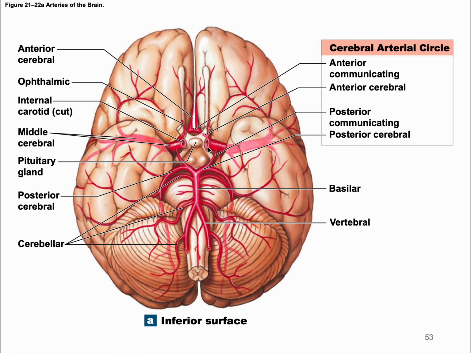And you'll have the middle cerebral arteries branching off of the internal carotid artery, which will supply the middle portion of the brain. And those two vertebrals will become one basilar artery, which will branch off into two posterior cerebral arteries, which will supply the blood to the posterior aspect of the cerebrum. That's all you need to know. And the middle structure with all the communicating arteries connecting each other makes the circle of Willis.